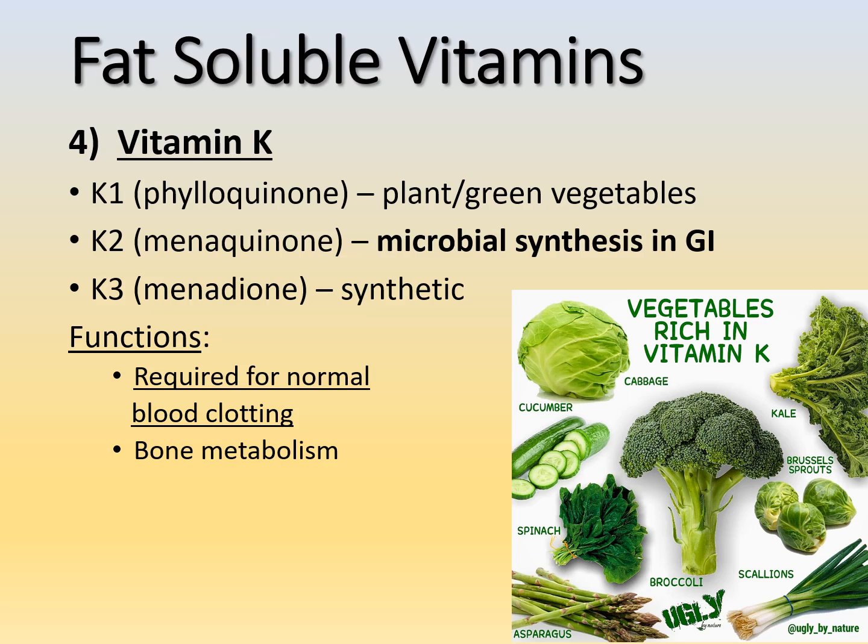So we do get some production even without a dietary source, and that is menaquinone. So that's K2, vitamin K2. So we do see a couple different sources of vitamin K. It does have some function in bone metabolism as well, but what I really want you to remember is its function in blood clotting.